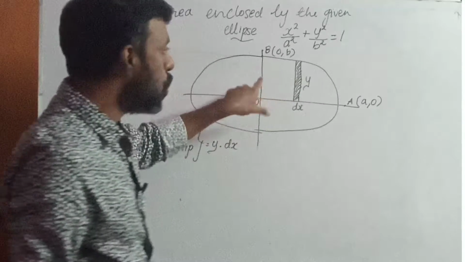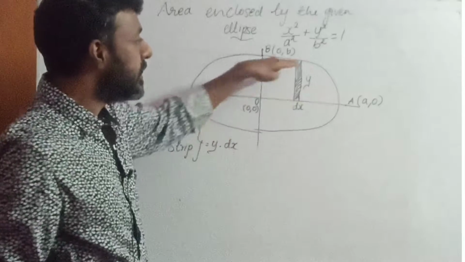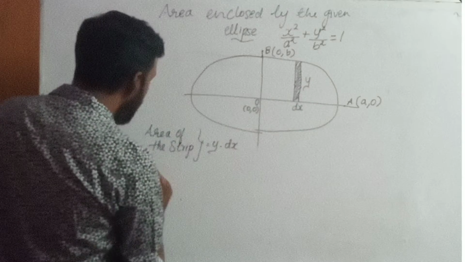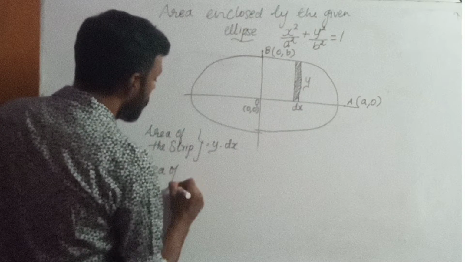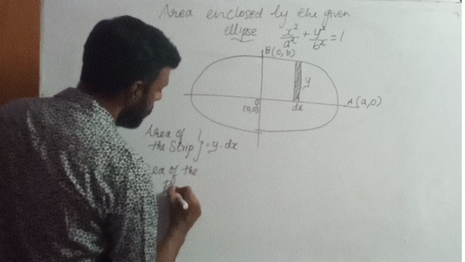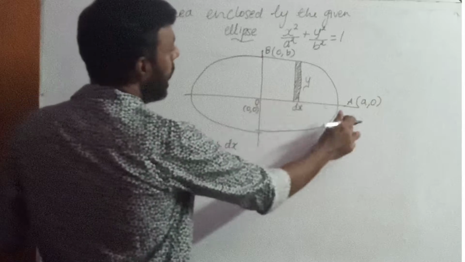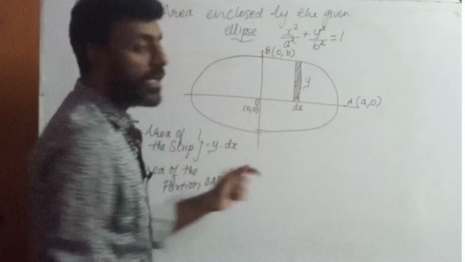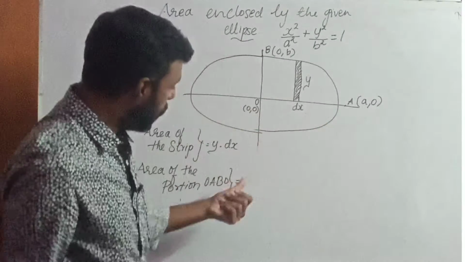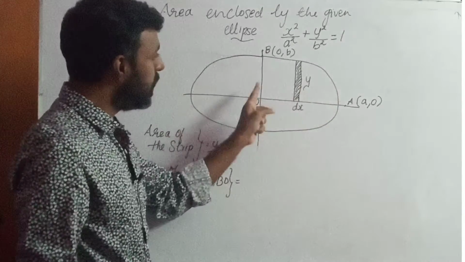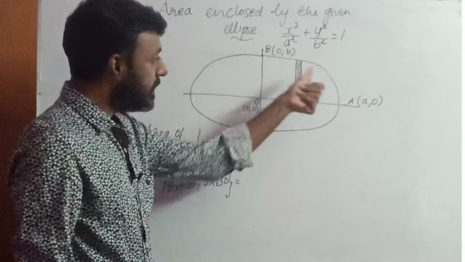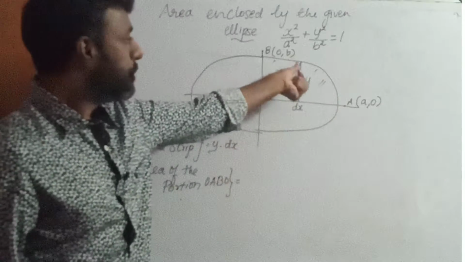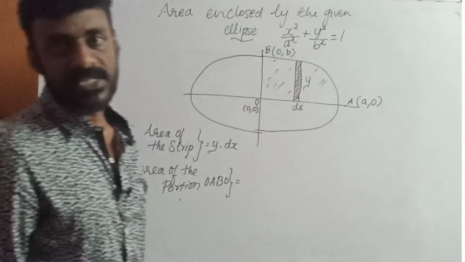First I want to know the area lying in the first quadrant of this graph, the area of the portion OABO. Since it is the entire quadrant, I can find this area by integrating the area of the vertical strip with the limits fixed.